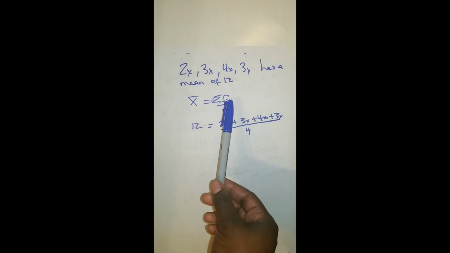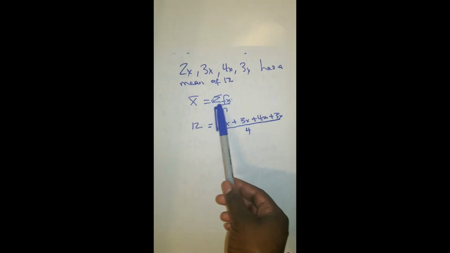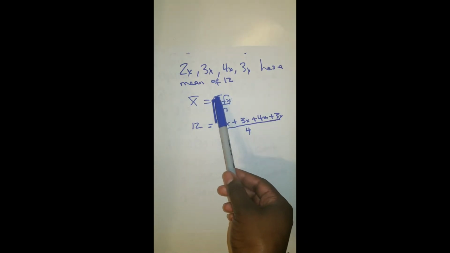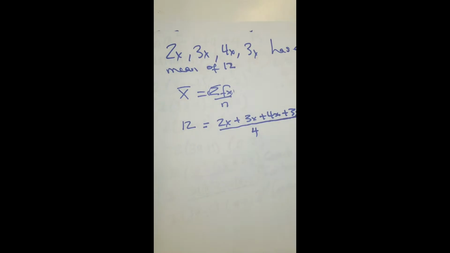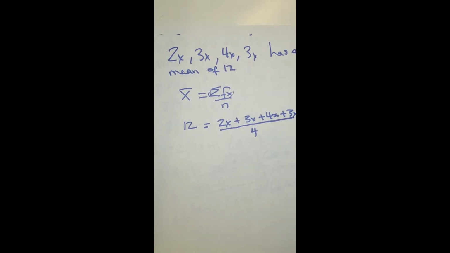The sum is basically the top part right here. Let me shrink my screen so you can see what I have. They did not ask for the value of x, so it doesn't matter what number is there. They want the sum.